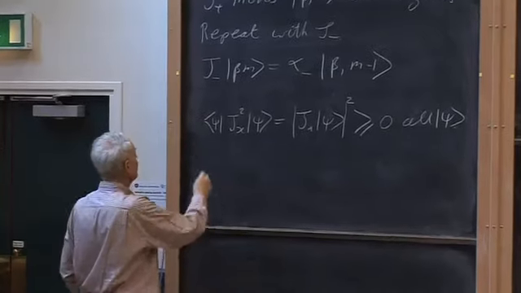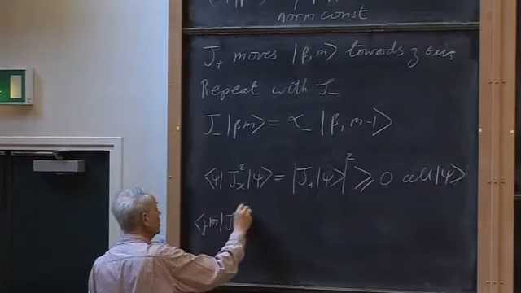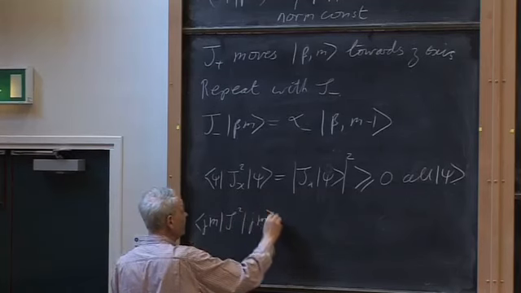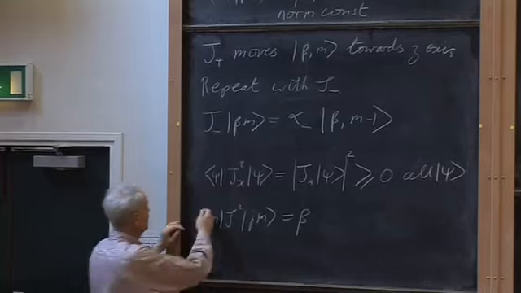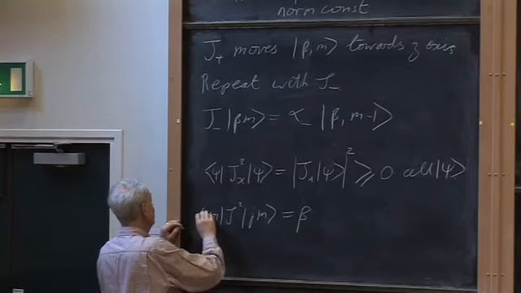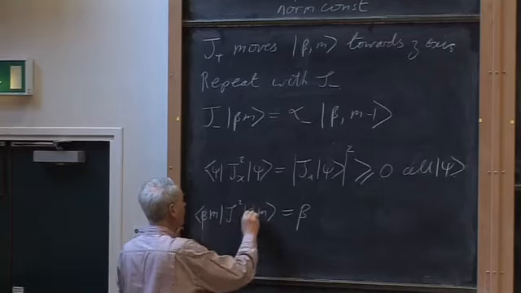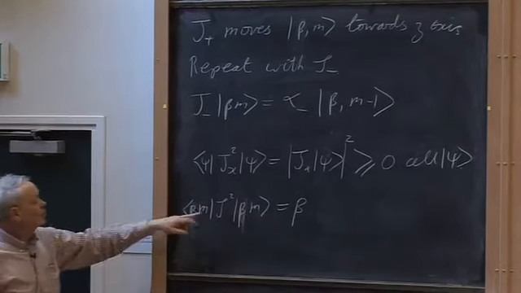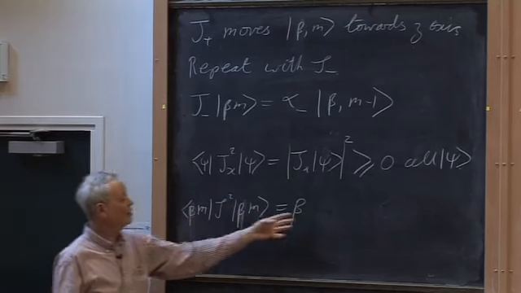So let's ask ourselves about beta m, j squared, beta m. That's clearly equal to beta, because j squared on beta m produces beta times this. This is correctly normalized, so we get beta.